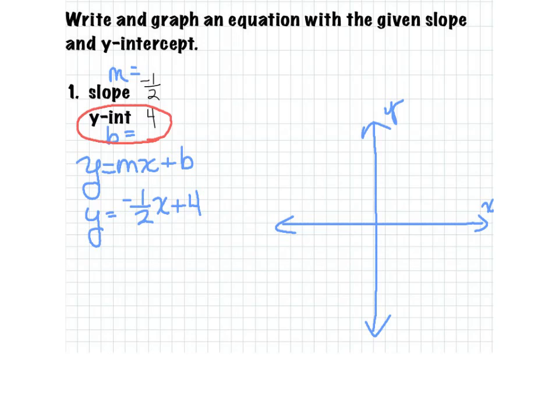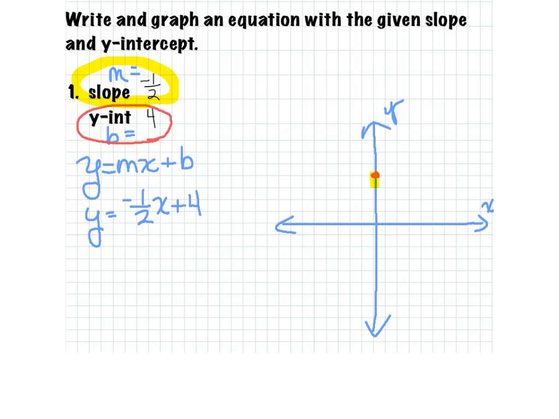So we need to graph that point first. Okay, then once we've graphed that point, what you're going to do is you're going to use your slope, the 1/2, to rise and run to find two other points. So your slope is -1, that's down 1, and 2, +2, to the right 2.